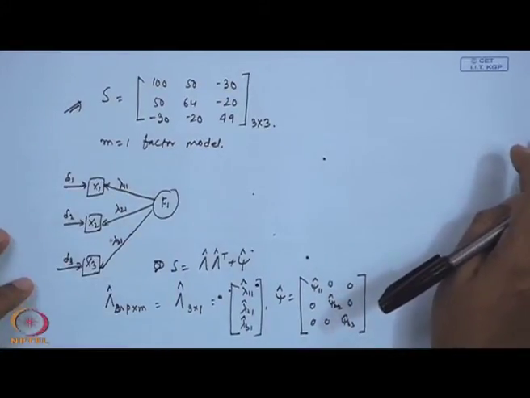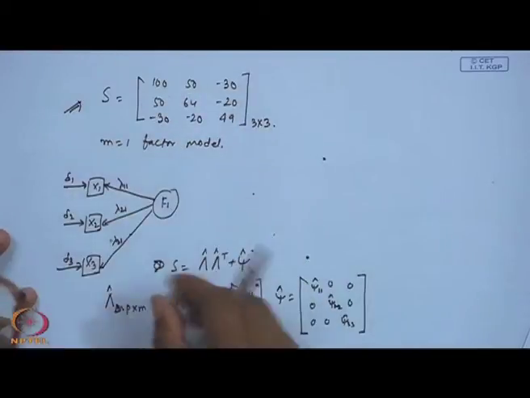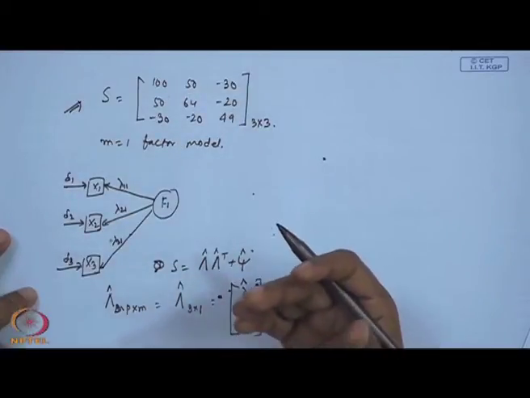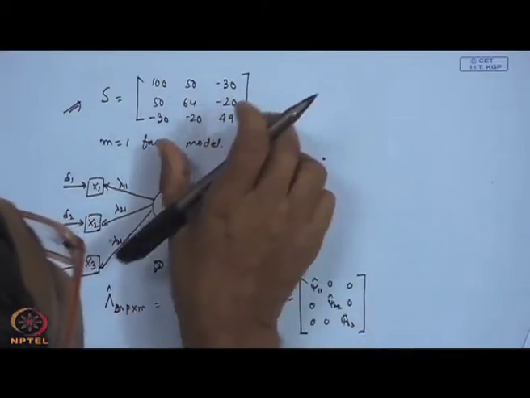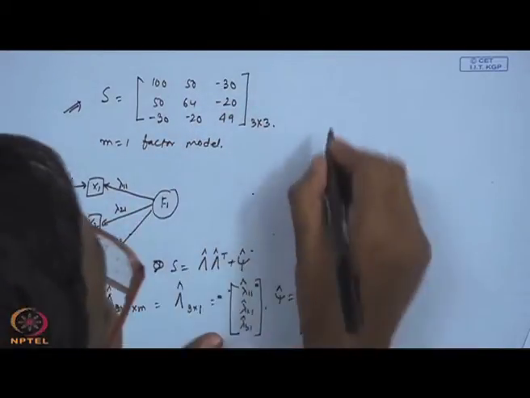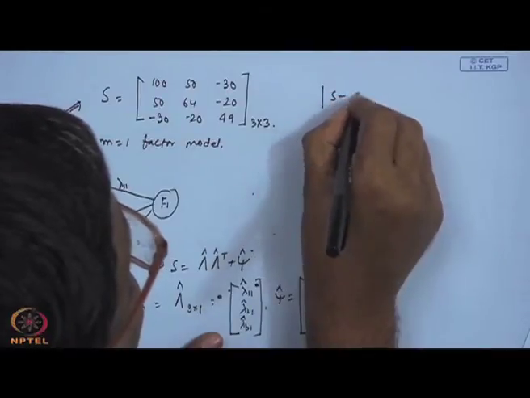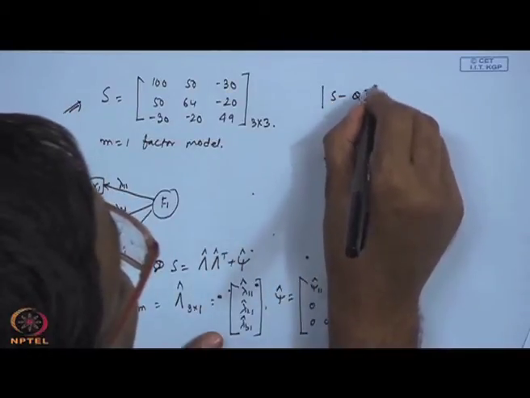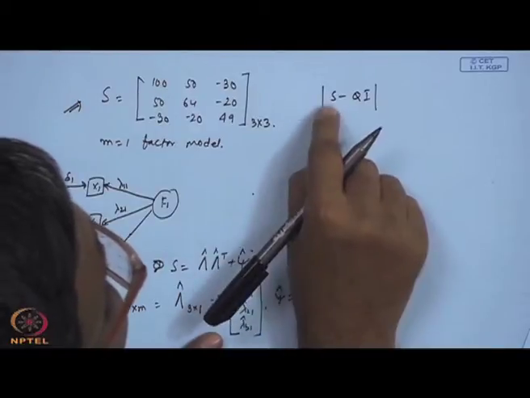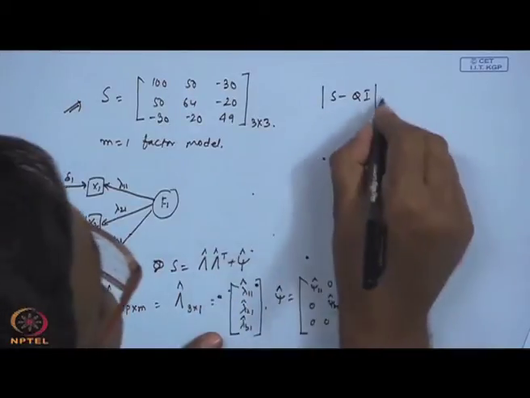I am not going to derive how principal component analysis is done to find the eigenvalues and eigenvectors. That we will not describe here. Straight away I am going to give you the results, because it is a 3 by 3 matrix and computation will take time. So all of you know that determinant of S minus Q I will be 0.